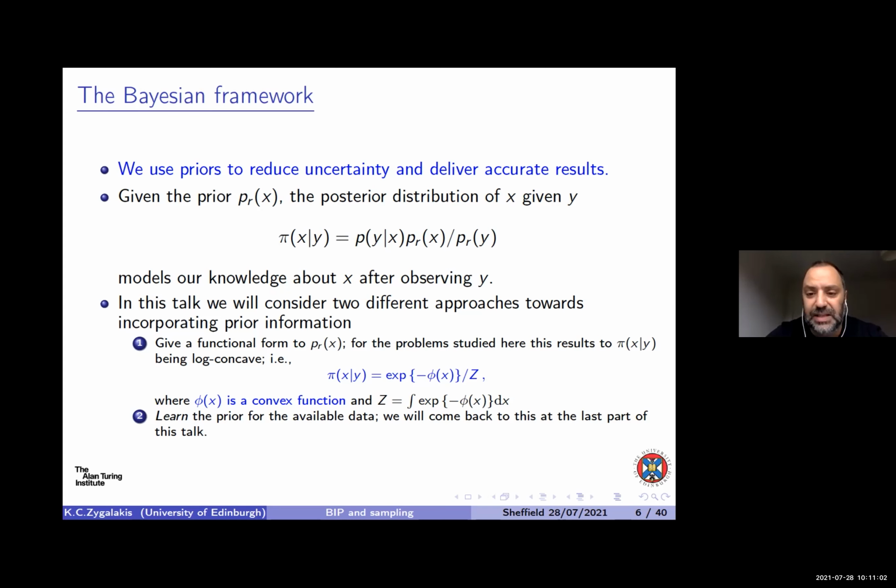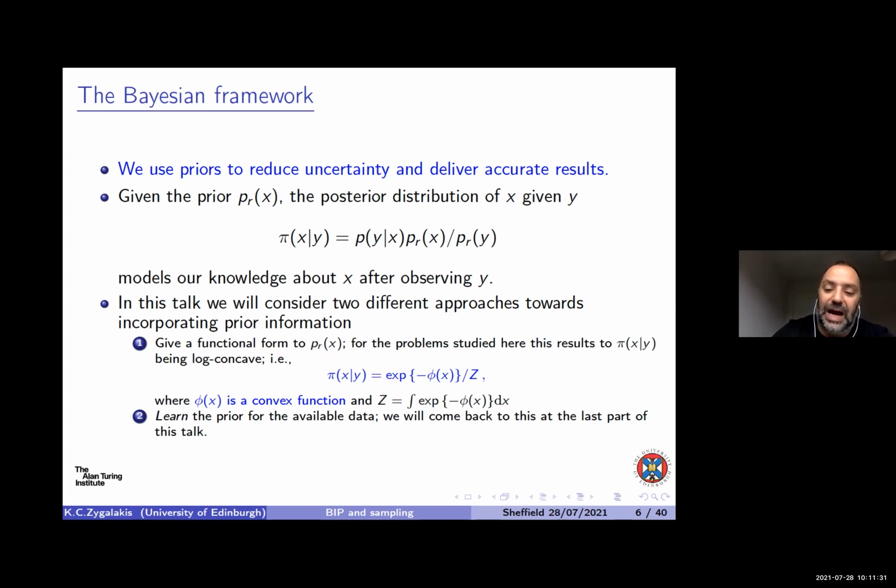As I said, in this talk we will consider two different approaches towards incorporating prior information. The first one, the more traditional one, is to give a functional form to the prior of x. For the problems I'm going to study here, that results in the posterior distribution having the following form: the exponential of minus a function phi.